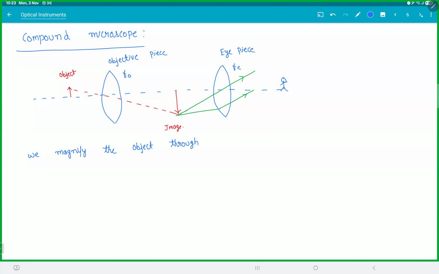So what we do, we magnify the object through the objective piece. Then see the image through the eyepiece. This is your simple microscope.